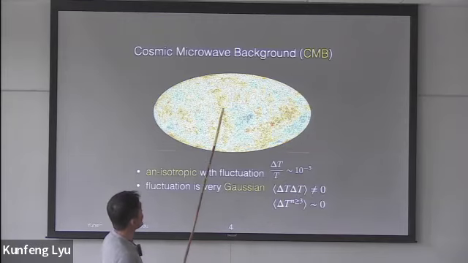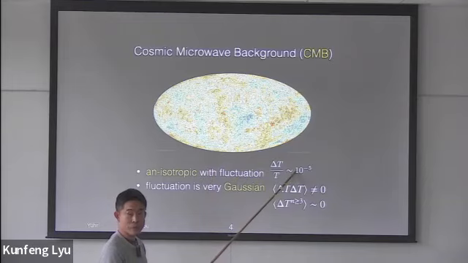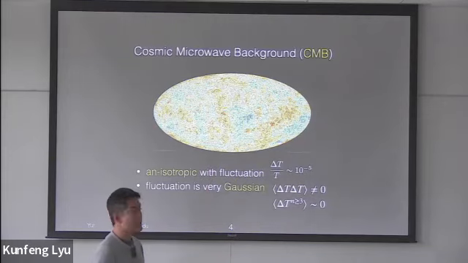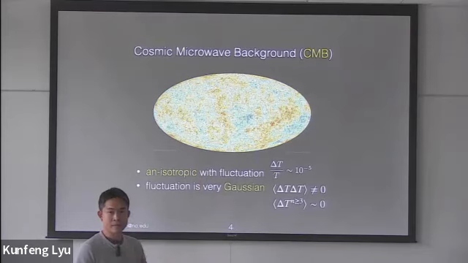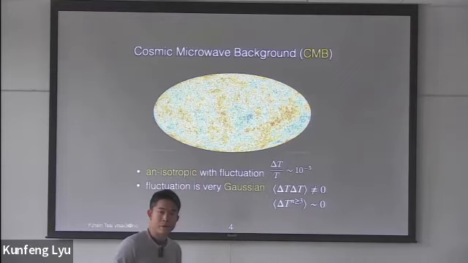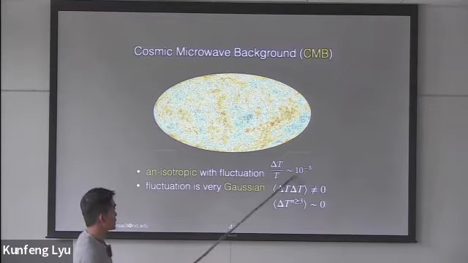If you literally just plot the temperature distribution of this signal, you will get the Gaussian distribution, but the width will give you a fluctuation much larger than this value, 10⁻⁴ to 10⁻⁵. When I quote the fluctuation to be 10⁻⁵, you can imagine this is the amplitude for one of the Fourier modes that you are looking at. But when you actually see the signal in position space, you add all the modes on top of each other, and the fluctuation will be larger. But throughout the talk, when I am talking about the fluctuation, I'm interested in the amplitude of the fluctuation for the different expansion modes.